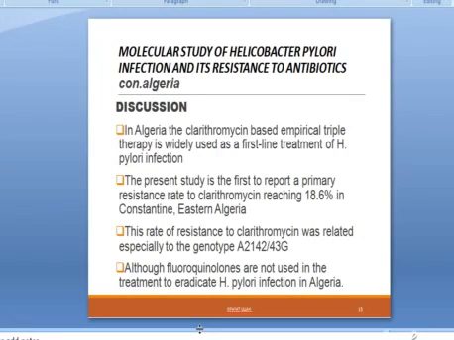This rate of resistance to clarithromycin was related especially to the genotype A2142/43G. Although fluoroquinolones are not used in the treatment to eradicate H. pylori infection in Algeria.